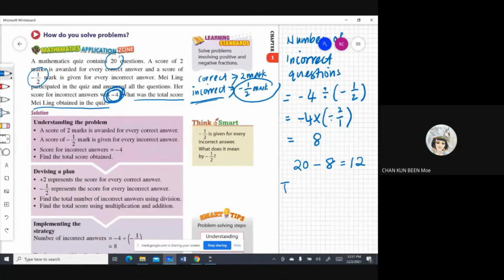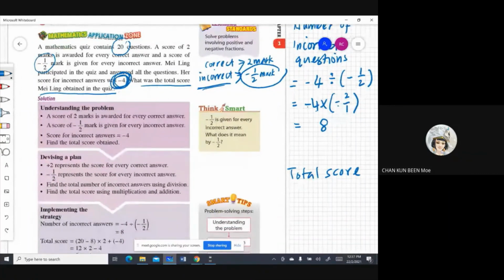Therefore, her total score: she got 12 correct, so you multiply 12 by 2 marks, which is 24. But then you have to minus the 4 marks for the wrong questions, because marks are deducted for wrong questions.